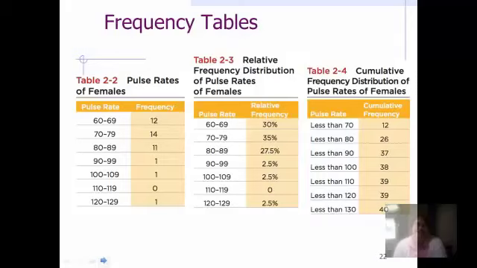Here are those tables we just looked at all together side by side: the frequency table, the relative frequency in percent, and then the cumulative frequency.